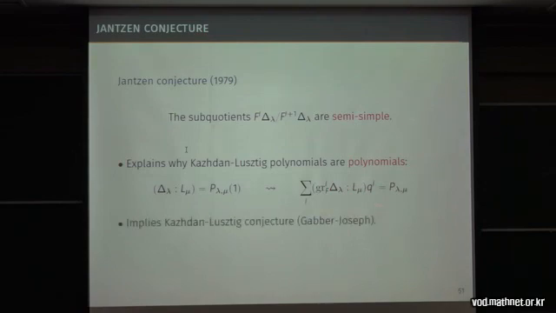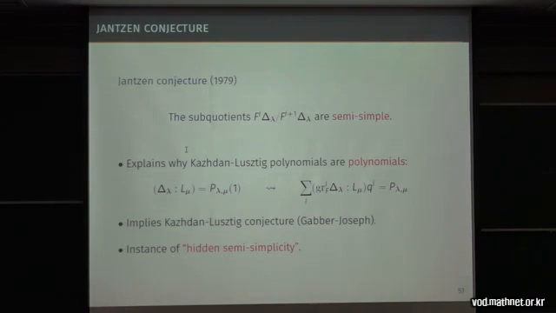And if you make this conjecture, then it actually implies the Kazhdan-Lusztig conjecture. So this much more innocent looking statement in fact implies the Kazhdan-Lusztig conjecture. It's a remarkable instance of hidden semi-simplicity. There's no reason why these subquotients should be semi-simple, but they seem to be.